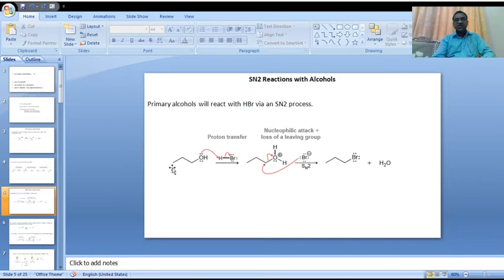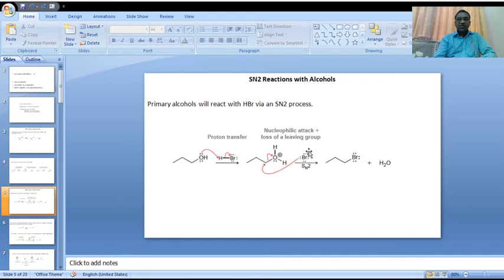Please concentrate. This is the primary alcohol, a normal chain bonded with the hydroxy group. The first step is the same, proton transfer. The H plus ion from HX is transferred to the hydroxy group, and it is converted into a protonated alcohol, which is unstable.